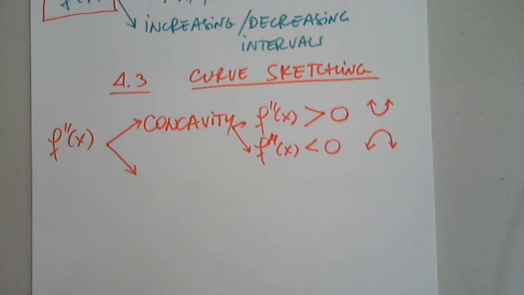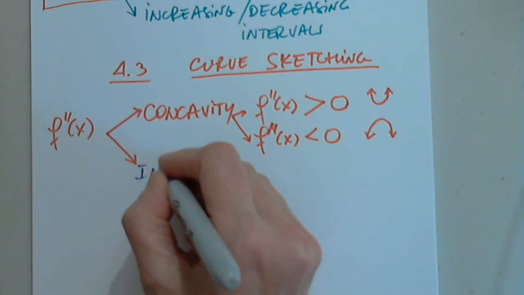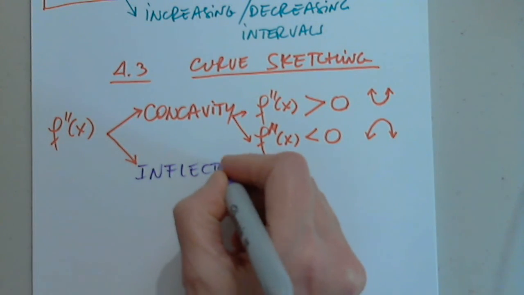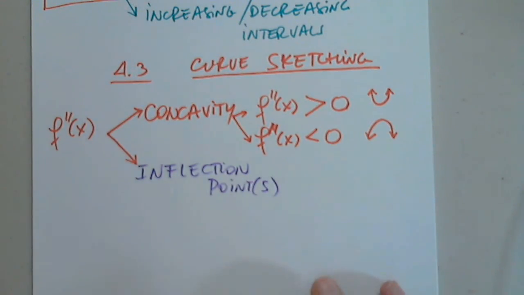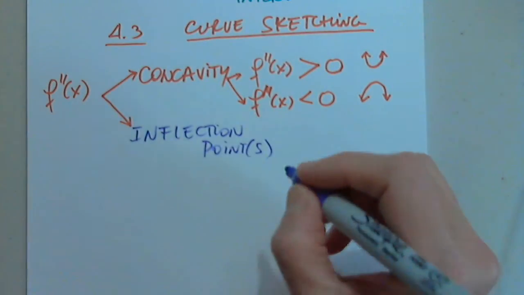And the other thing is something called an inflection point, of course, or points. What does that mean? Okay, here is an inflection point.